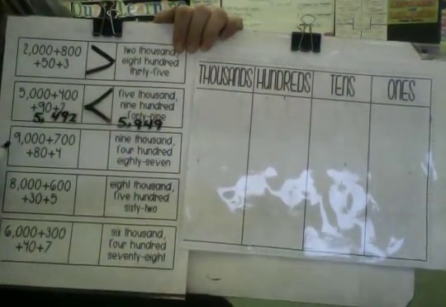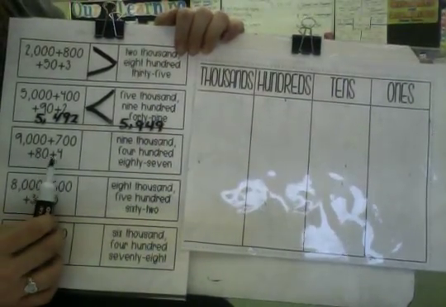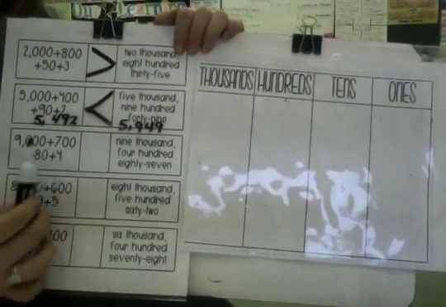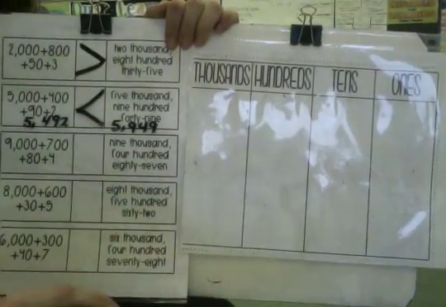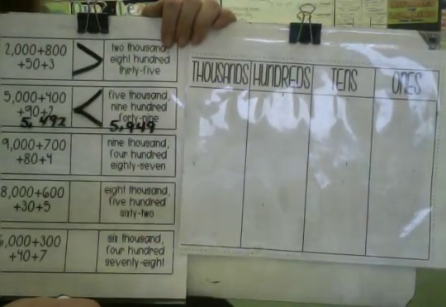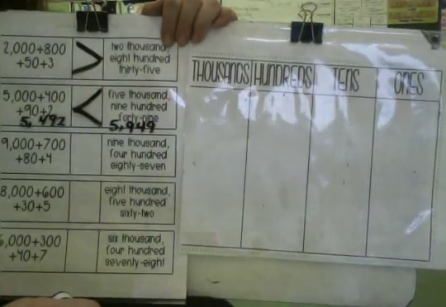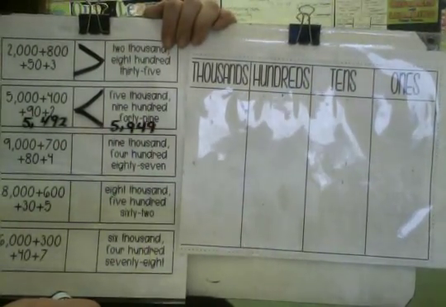Let's read it. 9,000 plus 700 plus 80 plus 4. Can you please take that expanded form and put it into standard form onto your place value chart, please? Think about how many thousands you have, how many hundreds, how many tens, and how many ones.